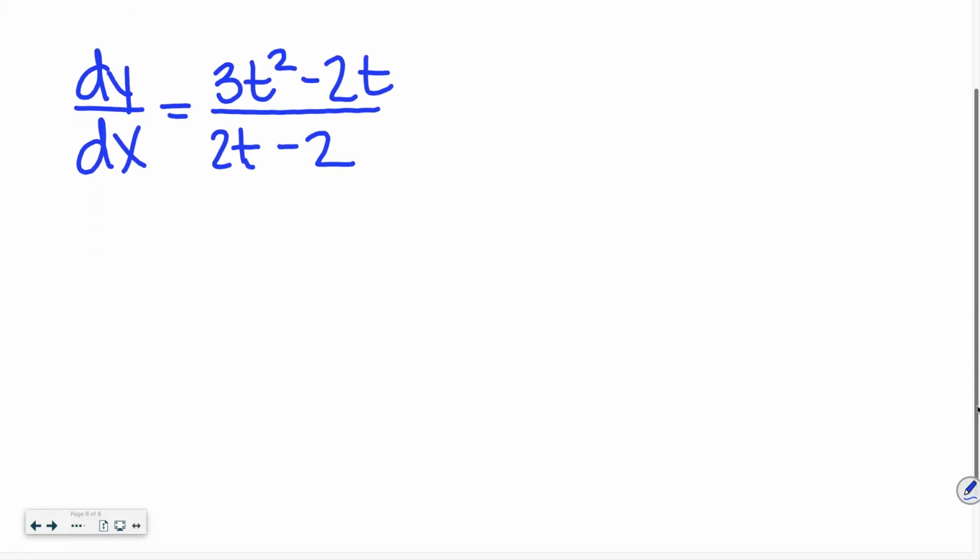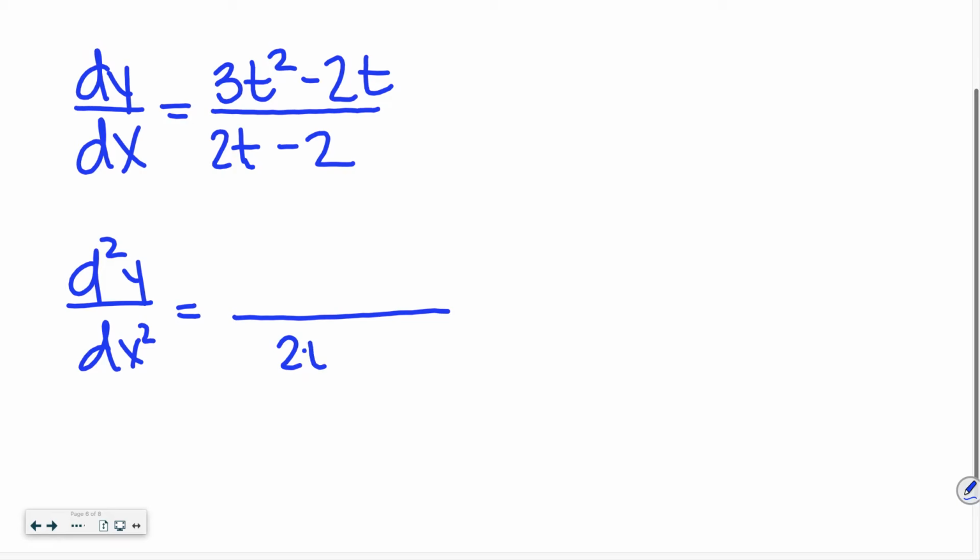Big one. When we take the second derivative, we need to take the derivative of dy/dx all over dx/dt. Why does dx/dt stay the same? Well, since we're taking the derivative of a parametric, we have to think about the y and the x as separate. Okay, let's see. How do I want to write this?